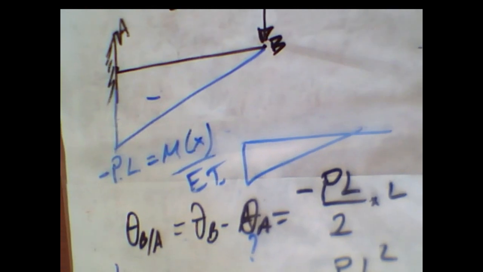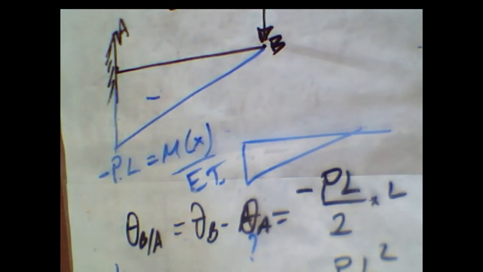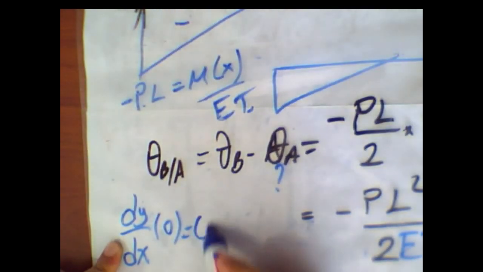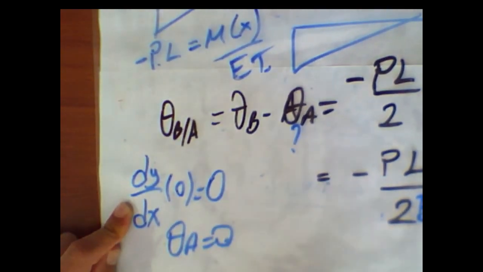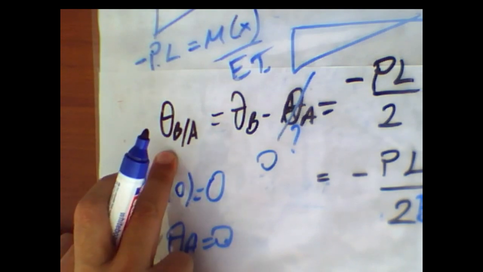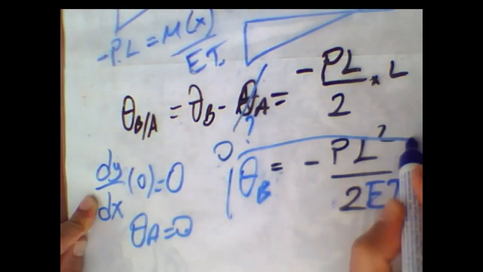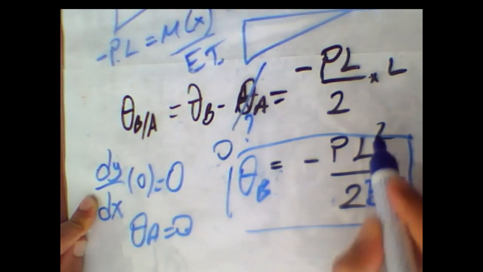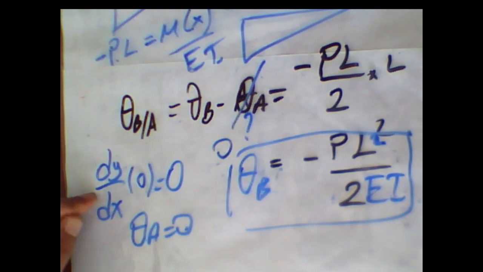You remember, point A is the fixed support, and the slope on a fixed support is equal to 0. Therefore, theta A is equal to 0, so this term becomes 0. Therefore, this value directly equals theta B, which is equal to minus PL squared over 2EI.